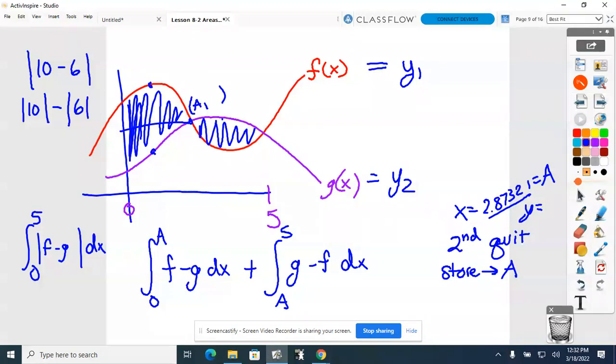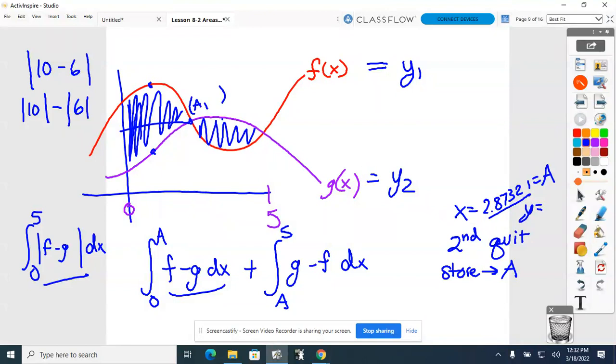Right. But in the calculator, it's going to move from left to right and find all those values, make them all positive, and then add them all up. But by hand, we have to find all the positive ones and add them up, and then all the negative ones and add them up. Because what's the antiderivative of the absolute value of something? You have to find where it breaks and do them separately, because you have a positive half and a negative half.